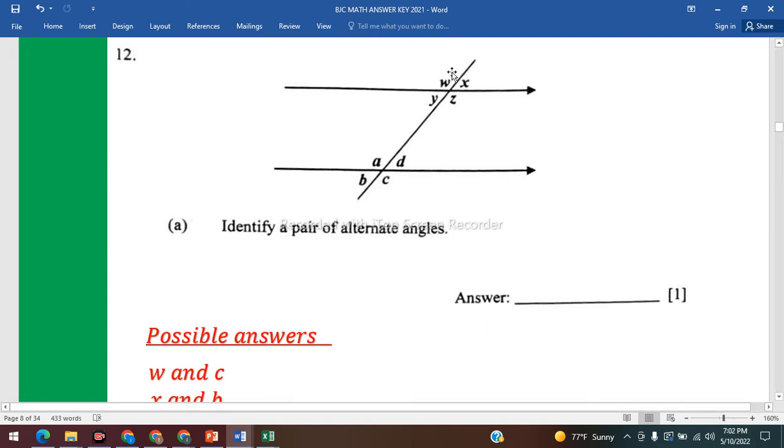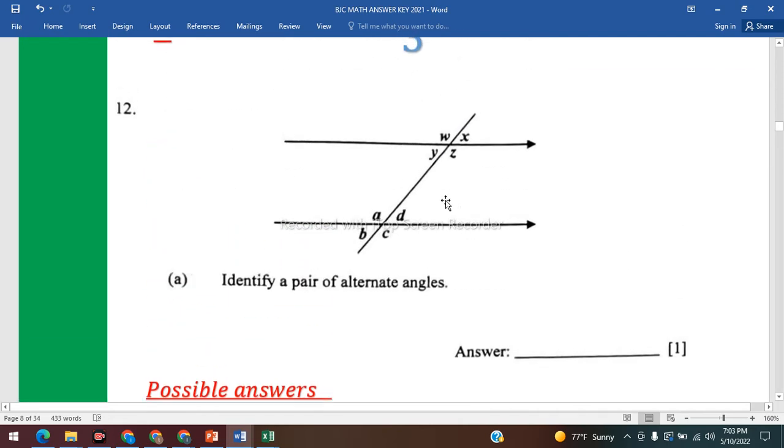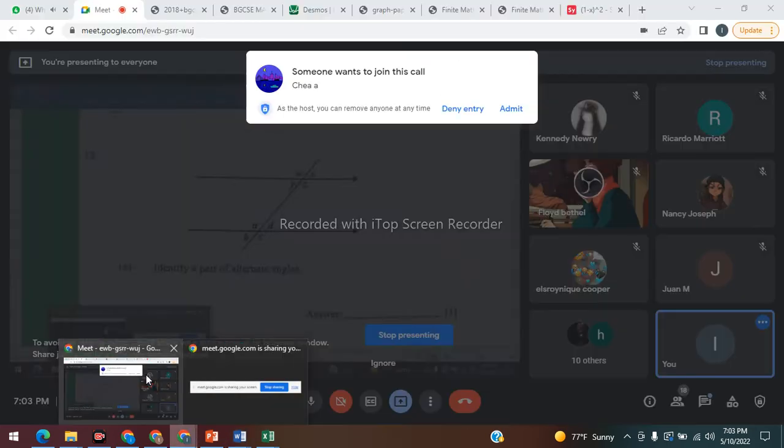X and D, Z and C, W and A, and Y and B. Yes. And W and A. Yes, ma'am. So X and D. B and Y. A and W. Do we understand why? Look at corresponding angles.